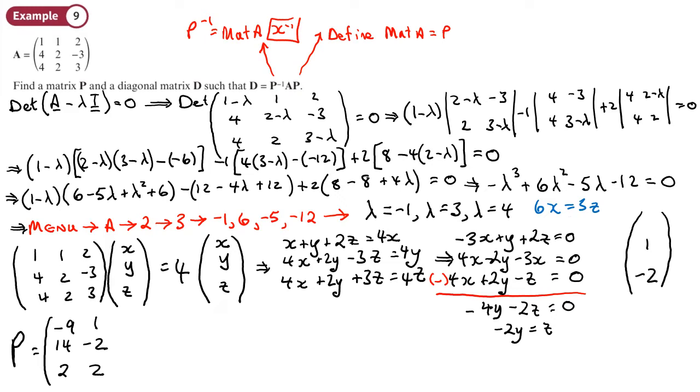So I've got 2 of my values. And then what I can do, I've got negative 4y equals 2z, and replace that 2z with negative 4y.